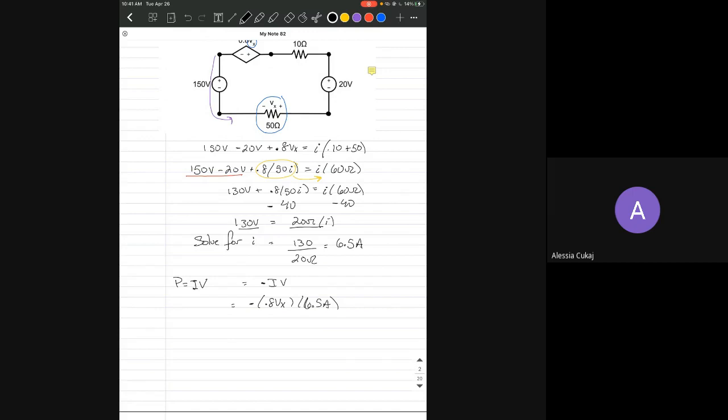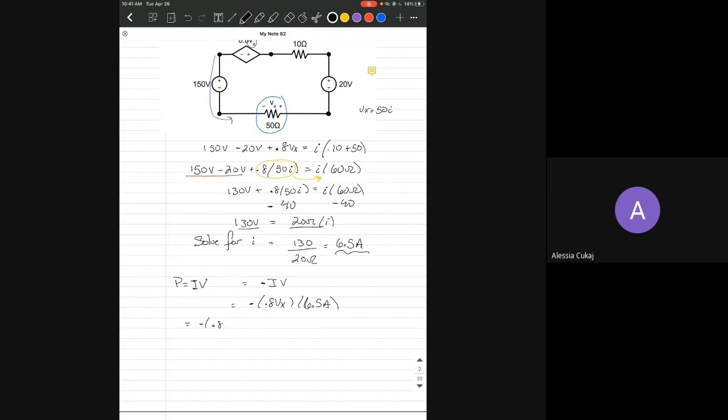Now that we've solved what I is, we can substitute the Vx for the value that it should be. Vx is equal to 50 I. Now that we solved for I, we're just going to plug that in.